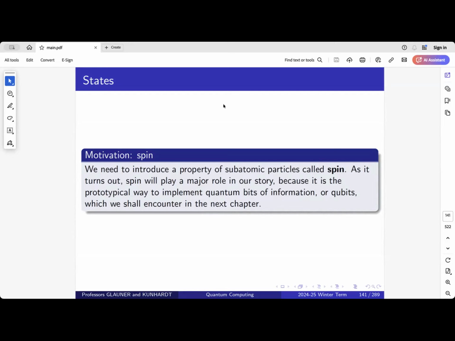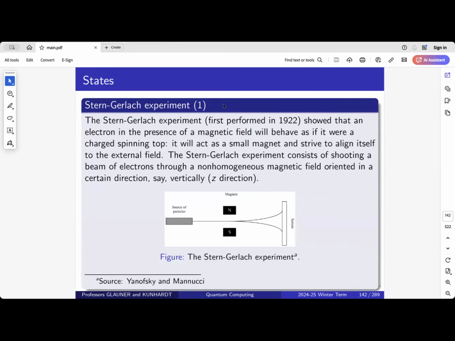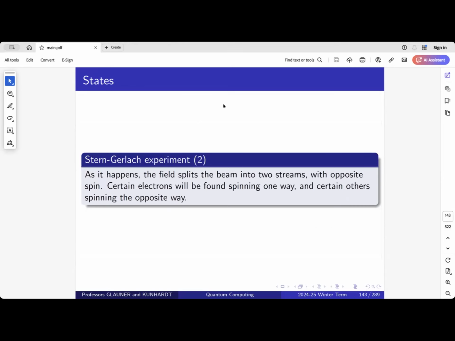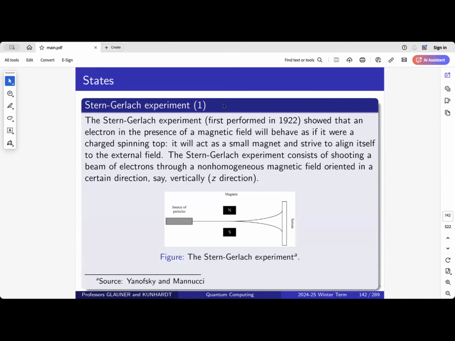This will play a major role when it comes to implementing quantum systems on a physical computer. For this, the spin is something that can be used, and it's explained in detail in the book what the spin is. And there's the so-called Stern-Gerlach experiment, in which this can be measured.